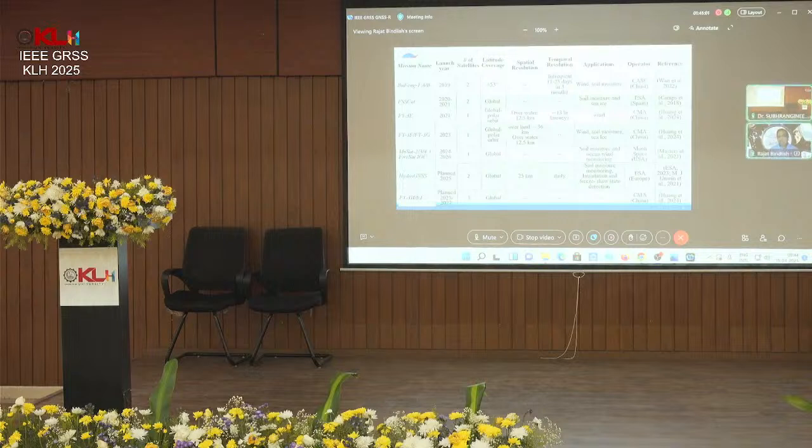So each one of these technologies, as I mentioned earlier, when you're looking at a particular application or a science, has its own strengths and weaknesses in terms of resolution, accuracy, and revisit, and those questions are different for each one of those applications.